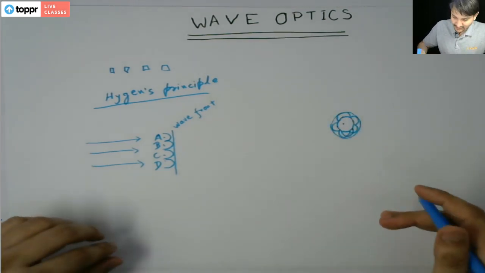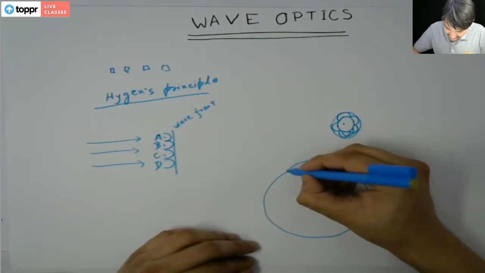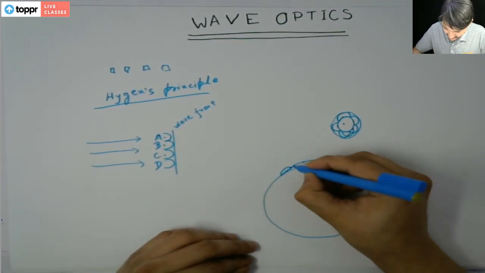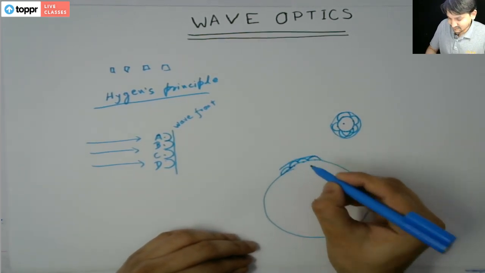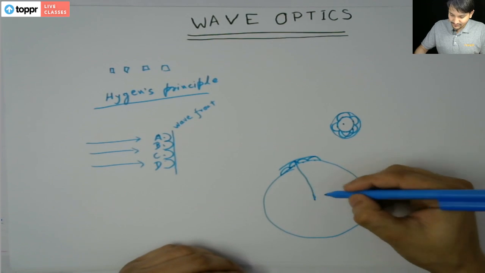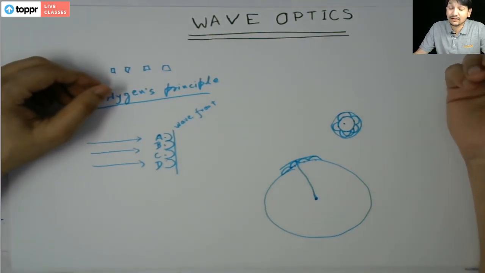Let me show it more clearly. Here was the first source. Consider this point, this point, this point, this point. So here I found this, this, this and this. You can see a wavefront forming, which is a concentric circle. So whenever a wave forms from a point, it forms concentric circles around itself, and you can see this in a water wave.